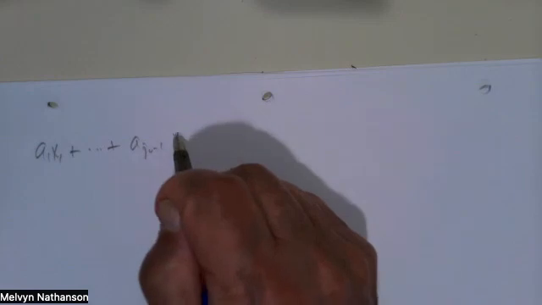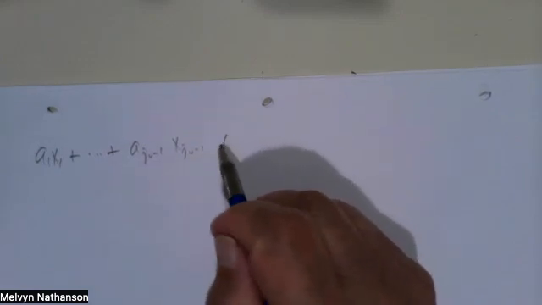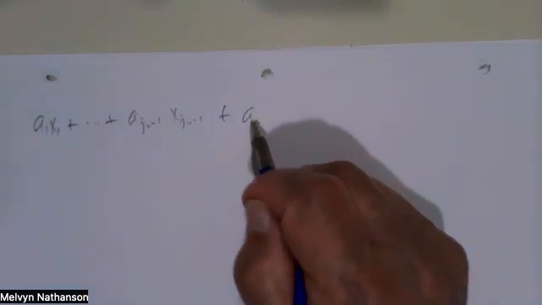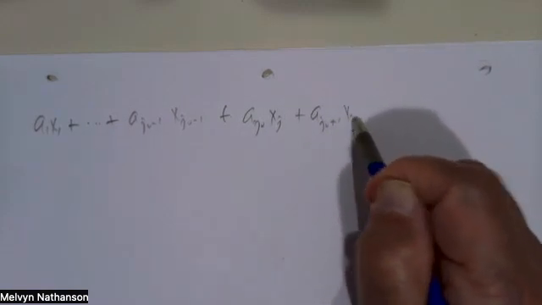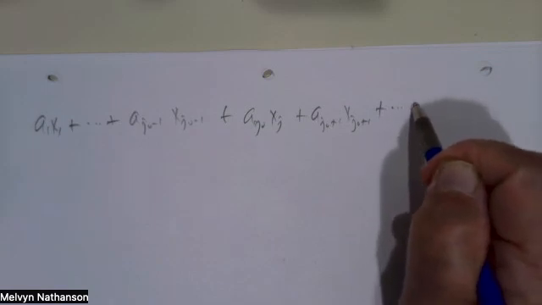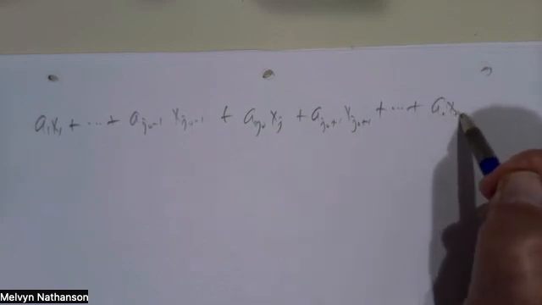Remember, our equation looks like a1 x1 up to a sub j naught minus 1 xj naught minus 1 plus aj naught xj naught plus aj naught plus 1 xj naught plus 1 up to an xn equals b.